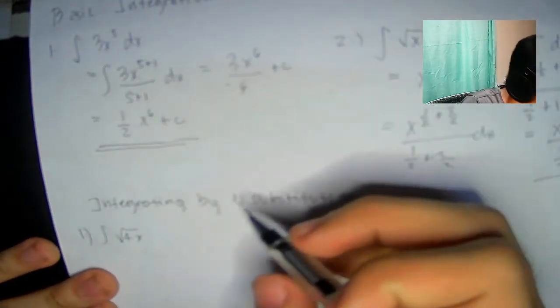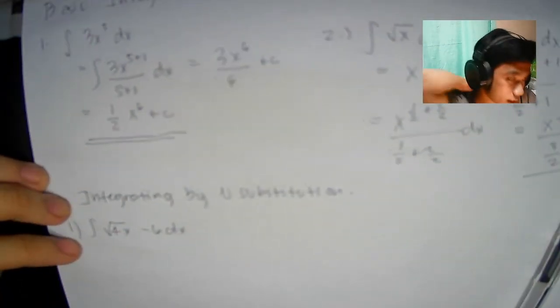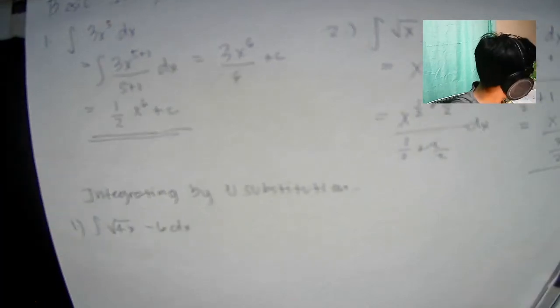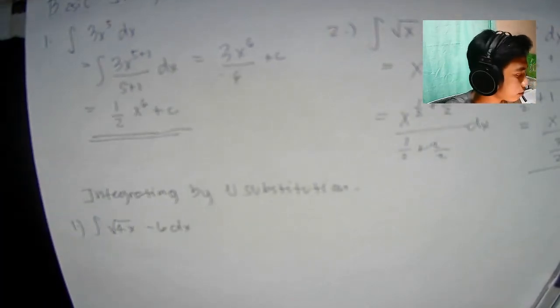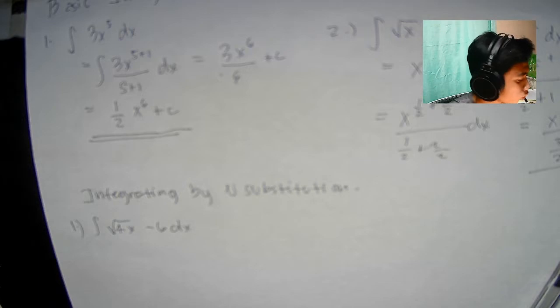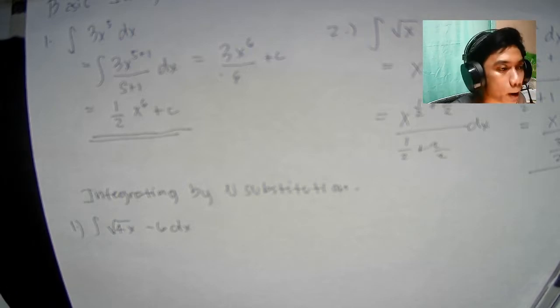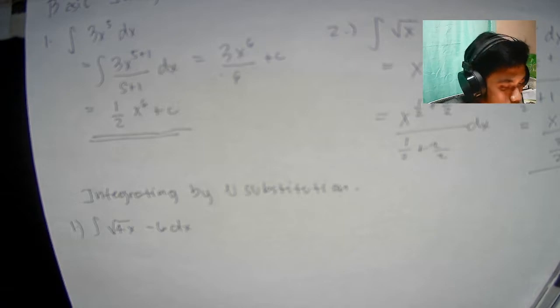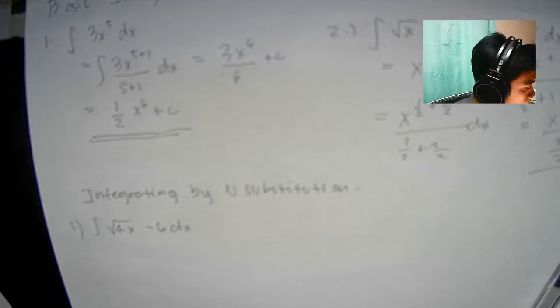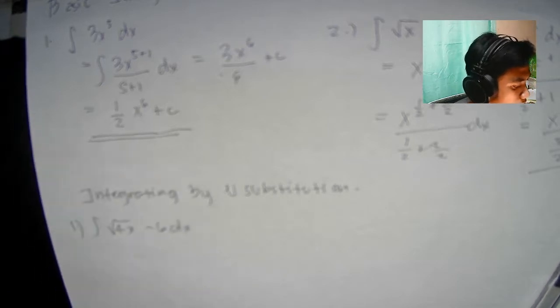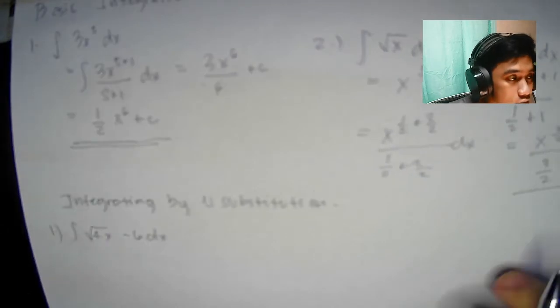The square root of 4x minus 6 dx. When we do integrating by U-substitution, the main trick in integral calculus is transforming certain functions, or substituting, into something that is easier to work with.